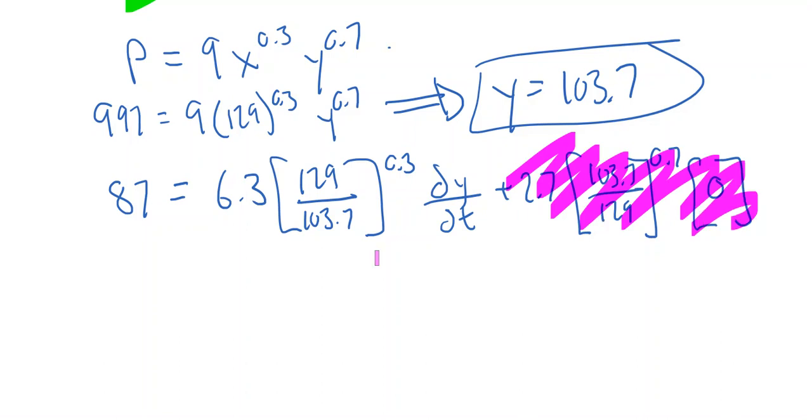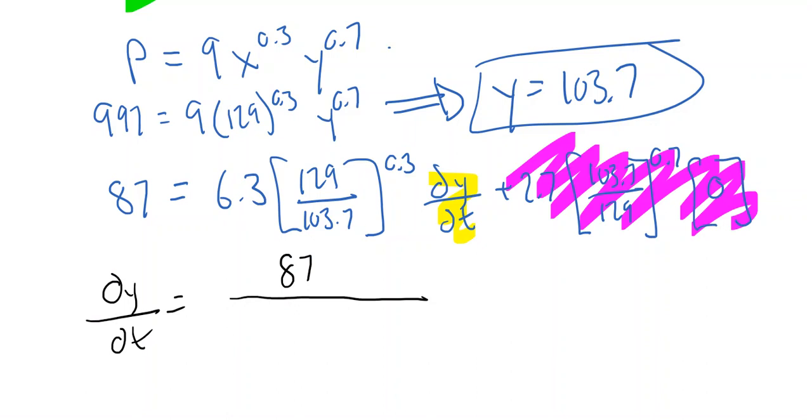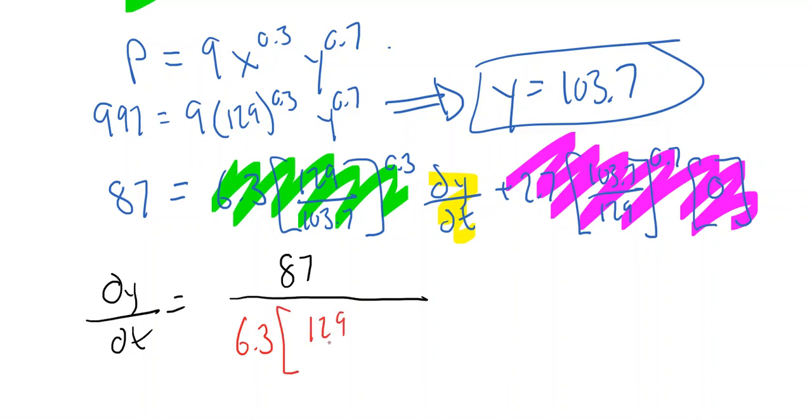So remember, we are solving for dy/dt. dy/dt is going to be equal to 87 divided by 6.3 times 129 over 103.7, all raised to the 0.3.